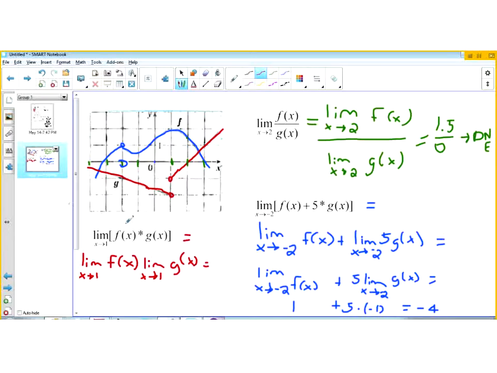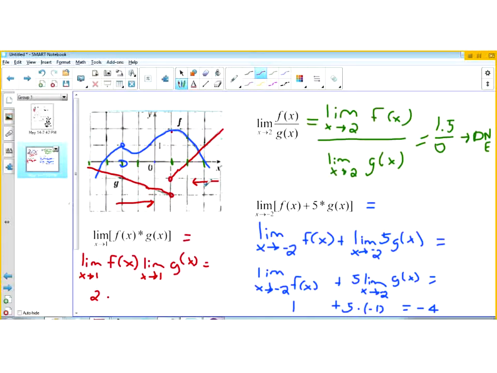Now the limit as x approaches 1, here's 1, of f of x appears to be 2. And the limit as x approaches 1 of g of x: if we approach 1 from this direction, g of x has an output that approaches what? It appears to be negative 2. And if we approach 1 from this direction, the limiting value appears to be negative 1.